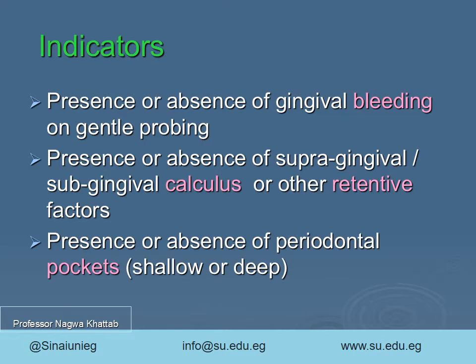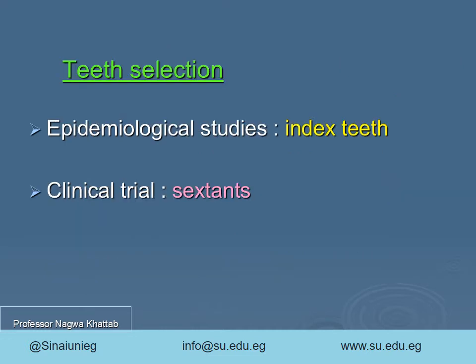Presence or absence of periodontal pocket, whether shallow or deep, as evidence of periodontitis. Therefore, it assesses both reversible and irreversible conditions. It is a composite index, or a complex index. The names are alternatives.